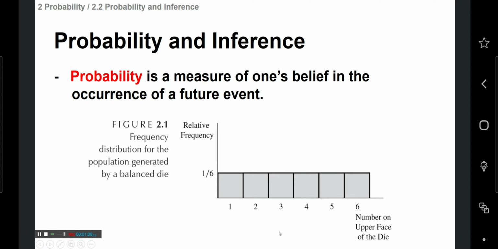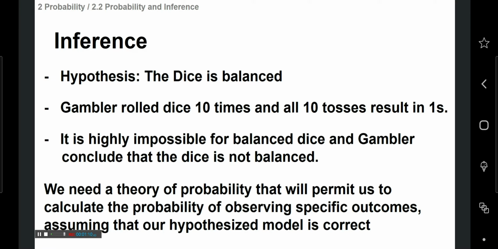And about statistical inference, we make a hypothesis like the dice is balanced.